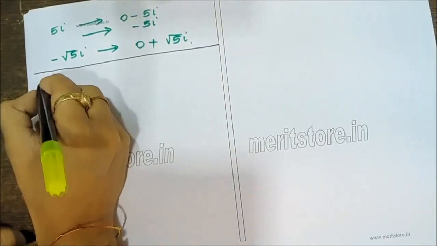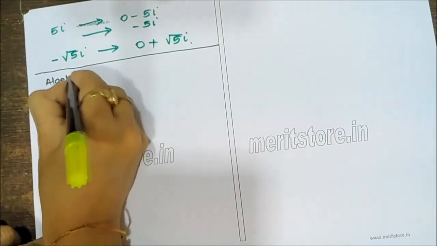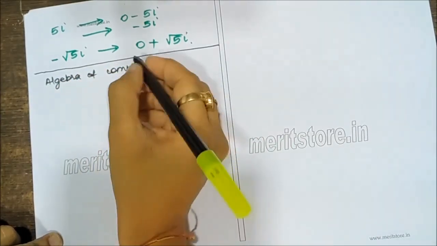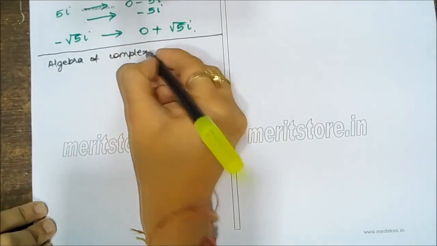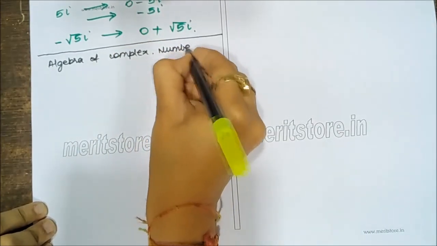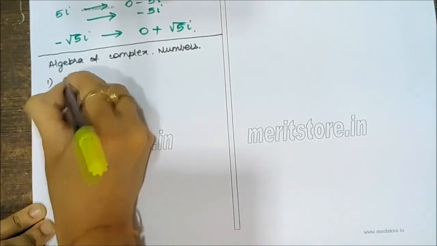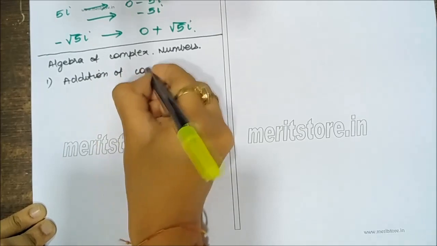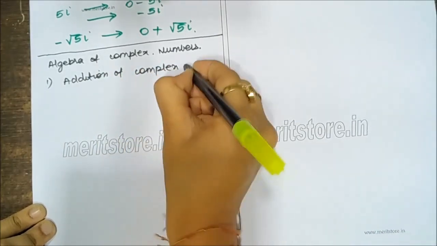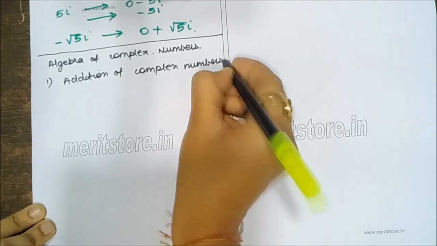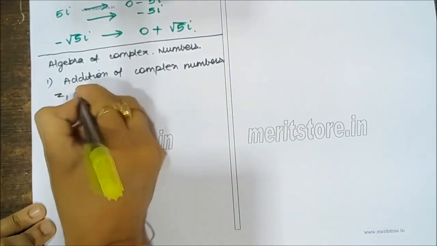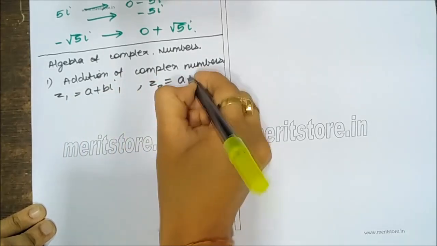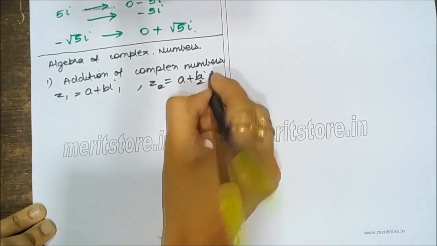Starting with algebra of complex numbers. First one is addition of complex numbers. So here z1 is equal to a1 plus b1i, z2 is equal to a2 plus b2i, let's say.